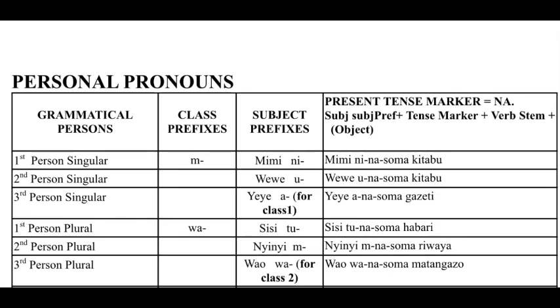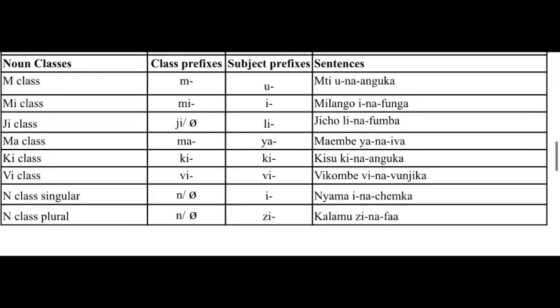Then, remember that we said Swahili or Kiswahili nouns have classes. So each noun belongs to a class. So we have class 3, and the prefix goes with the subject prefix U. Then we have class 4, which is Mi.